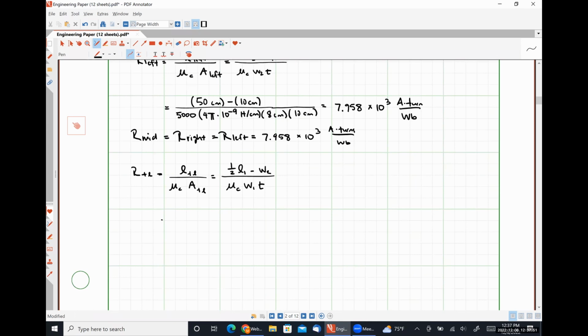So let's throw some numbers in here. We are going to have 1/2 times L1, which was 80 centimeters, minus W2, which was 8 centimeters, divided by 5,000 times 4 pi times 10 to the minus 9 henries per centimeter, times W1, which was 10 centimeters, times our thickness, which was 10 centimeters.